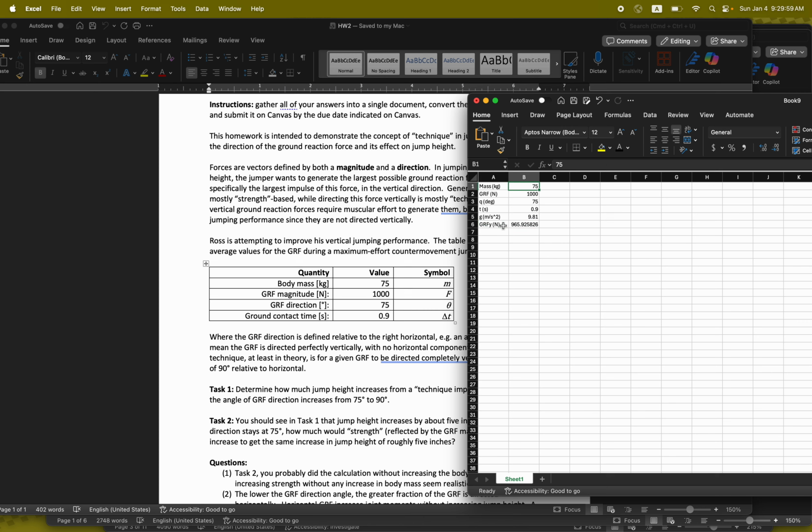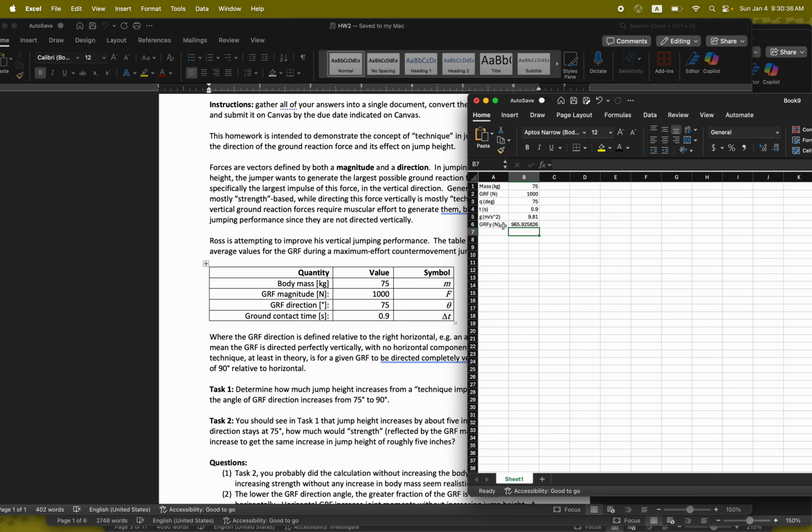Now, this person has a certain body weight that they have to overcome to jump. So it's the amount of this vertical ground reaction force above and beyond my body weight that's going to cause me to lift off the ground and go upwards. You can also think of this as, if I'm standing still, then gravity's pulling me down with my body weight. My feet are pushing me up against gravity, also equal and opposite to my body weight. So that's when I just stand still and don't go anywhere.